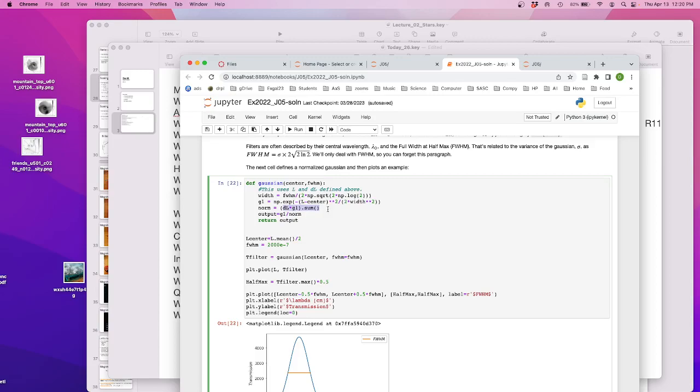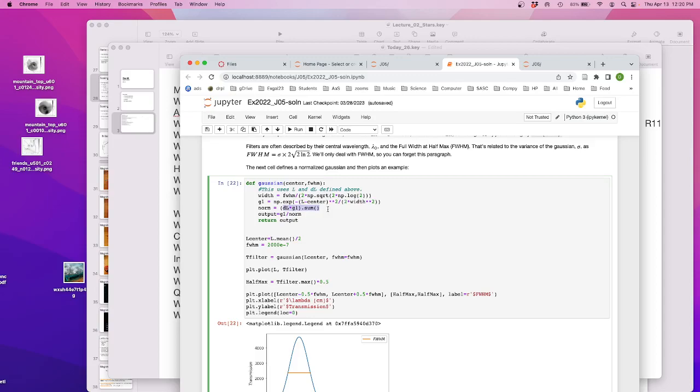Now you could do this with, I know that a Gaussian is normalized by 1 over the square root of 2 pi sigma squared. This is the normalization for a Gaussian. But I don't have a Gaussian, I've got this numerical thing, which is a little different. This is a good approximation, but you actually need to get the finite size of the bins in there. So it's way easier to just say, I'm just going to normalize it.